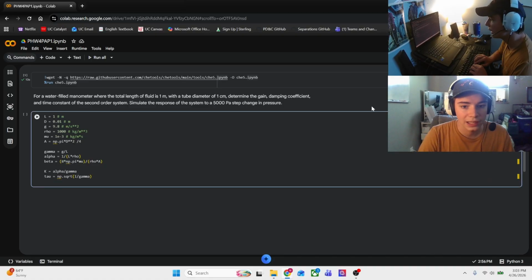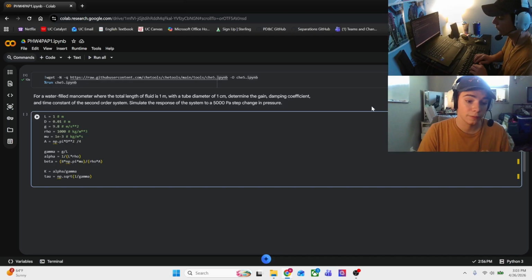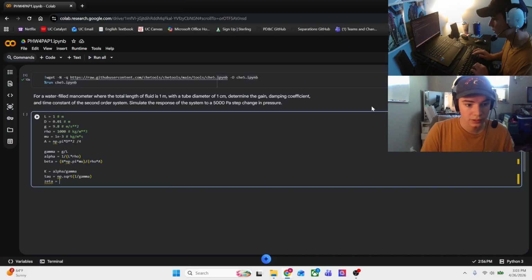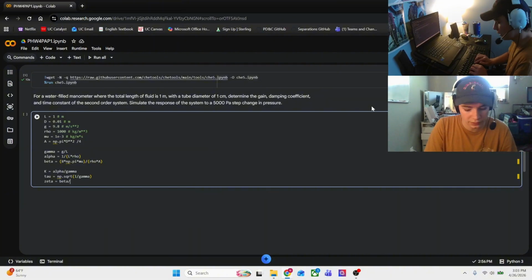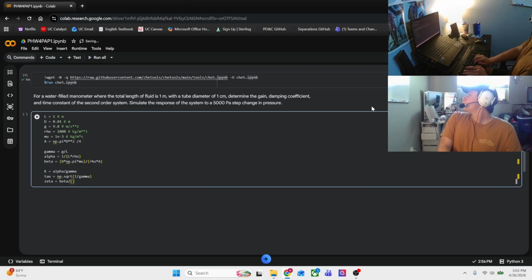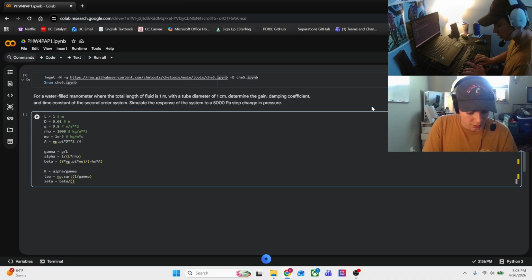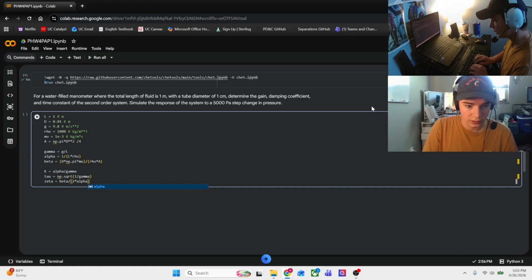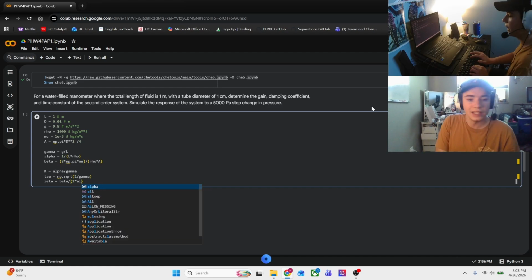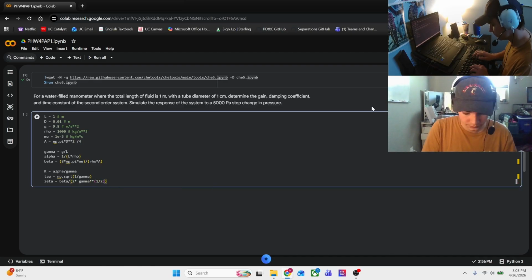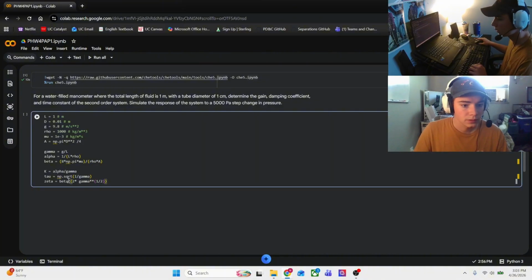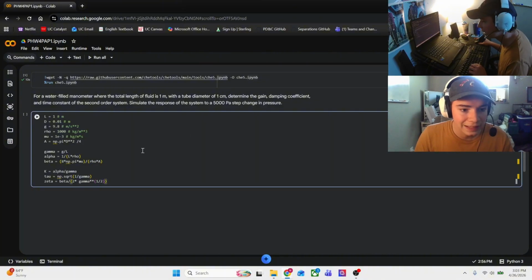And then our last variable, that is our damping coefficient, that's our zeta, which we defined as our beta, what else we got up here, beta divided by 2 times our gamma to the power of 1 over 2.